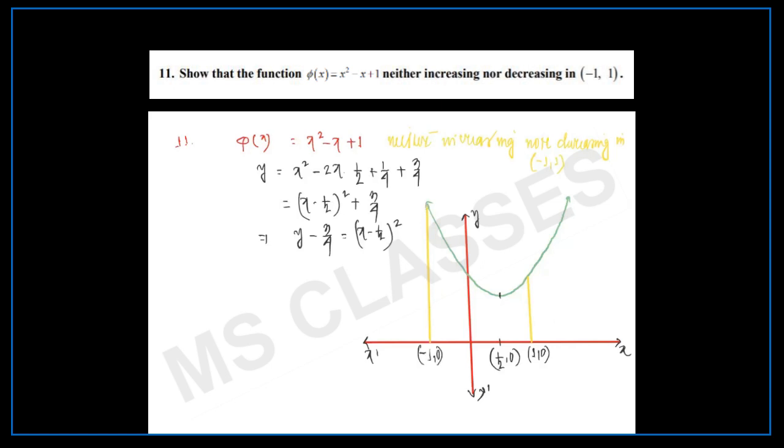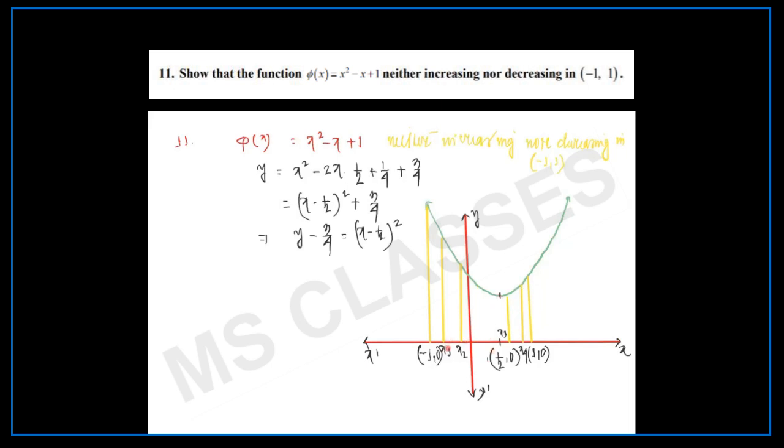Now here we take 2 points. One is x1, one is x2, and the abscissa is x1 and x2. And here we have x4. Now, how have we selected the points? We have selected the 2 points on the left of x equal to half. Why?